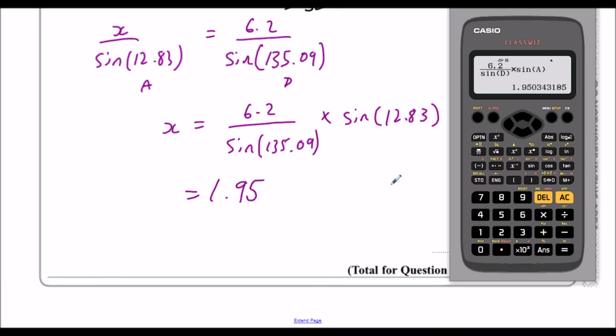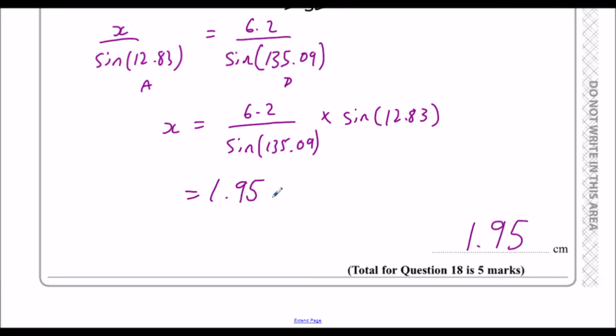And I'll just check that with the numbers we used, just to check I haven't saved something wrong. We should get an answer roughly the same. 1.95.